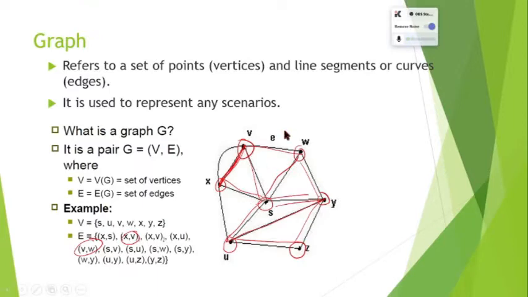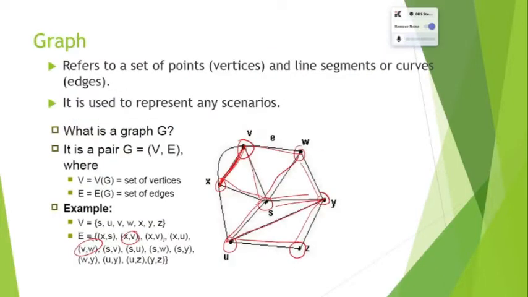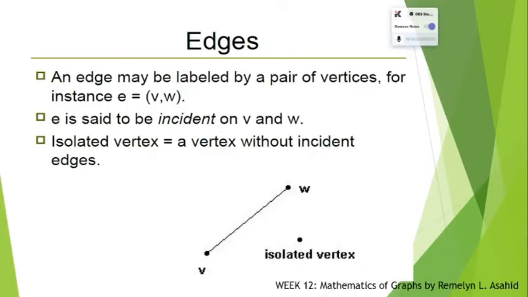Now, let's go with the next slide. Edges may be labeled by a pair of vertices. For instance, E equals V, comma, W, because you can't create an edge or a side in a graph if you don't have two vertices that connect and create that line.